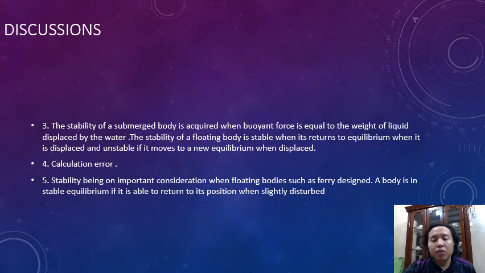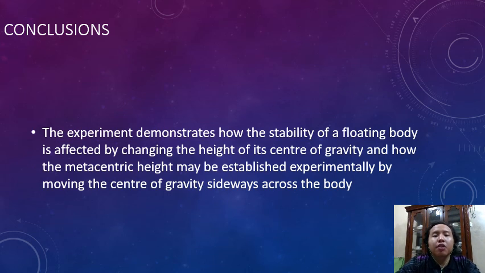After this we will move to the conclusion of this experiment. The experiment demonstrated how the stability of a floating body is affected by changing the height of its center of gravity, and how the metacentric height may be established experimentally by moving the center of gravity sideways across the body.